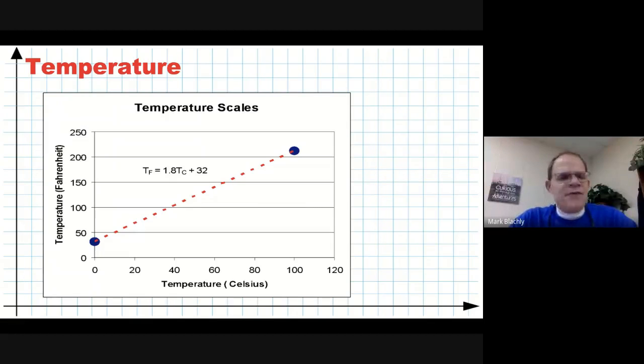Now, what if I said, hey, the temperature in Fahrenheit is 72 degrees. If the temperature in Fahrenheit was 72 degrees, what would the temperature in Celsius be? What do you think? Carly, you got it?